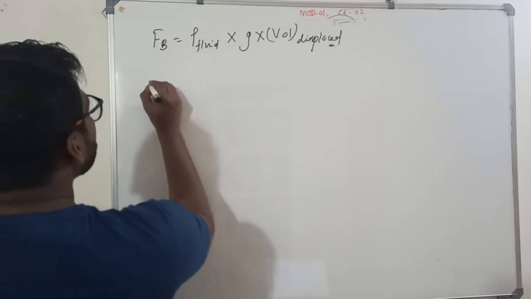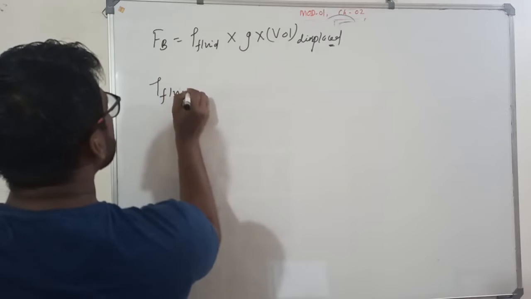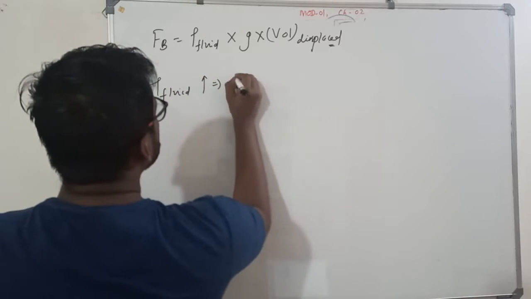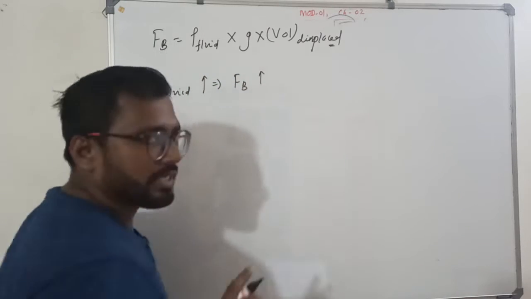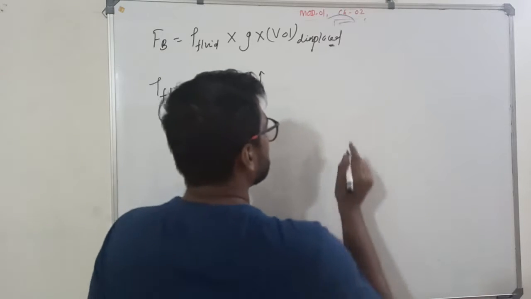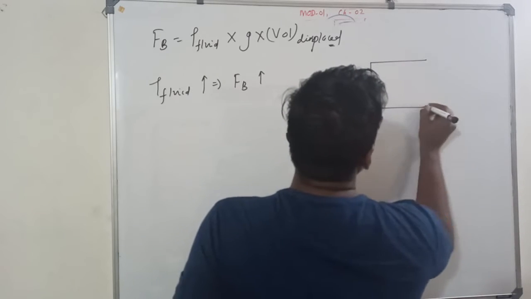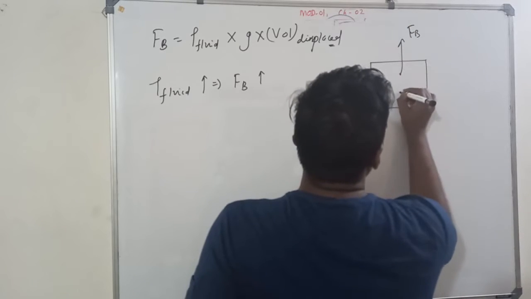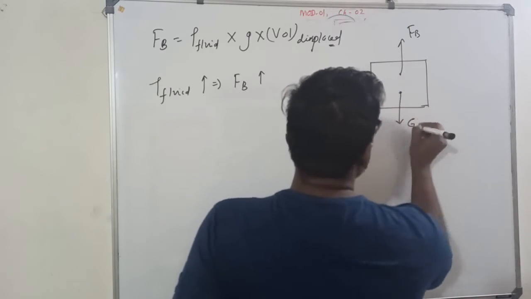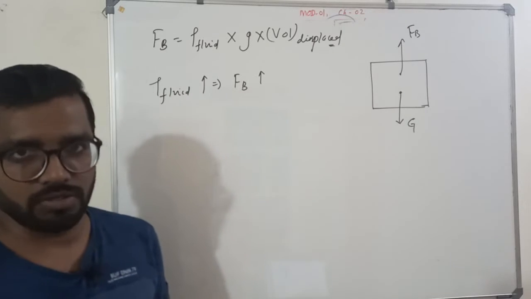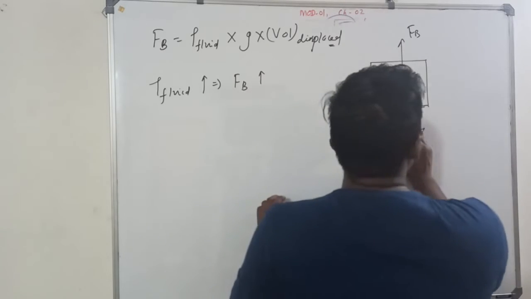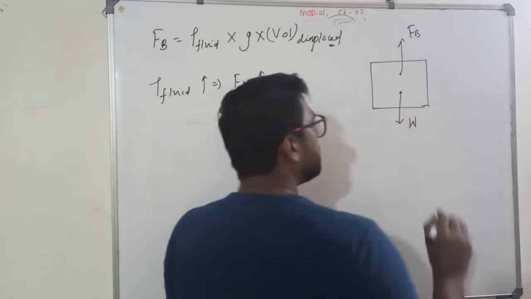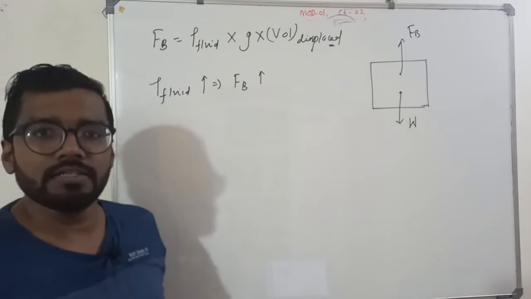What if the density of fluid increases? Sir, if density of fluid increases, then my buoyancy force will increase. We now know that buoyancy force is acting vertically upward and gravity, or your self weight, is acting vertically downward.